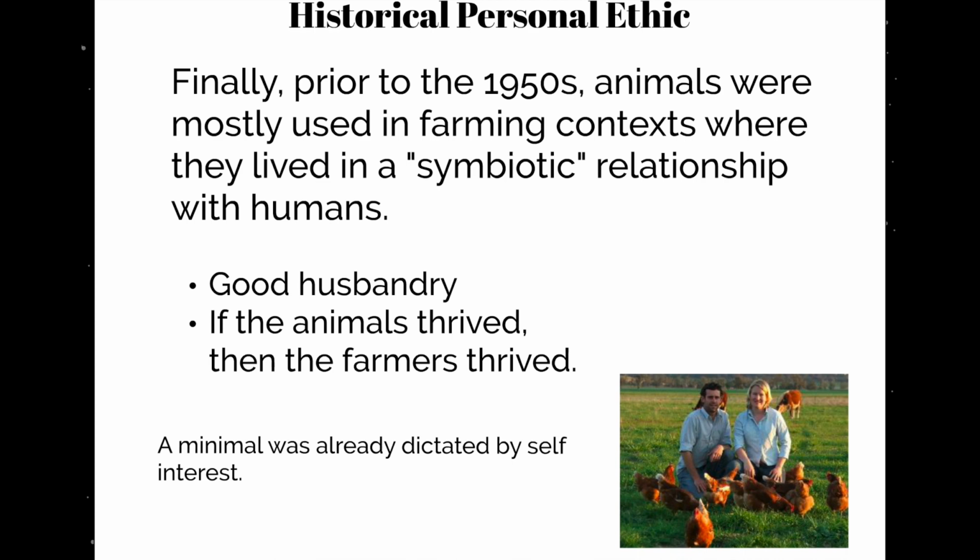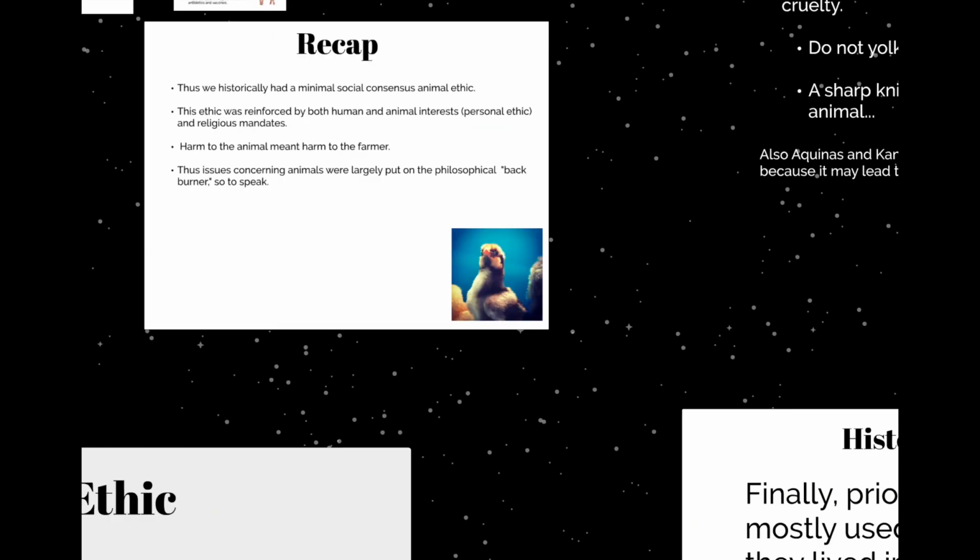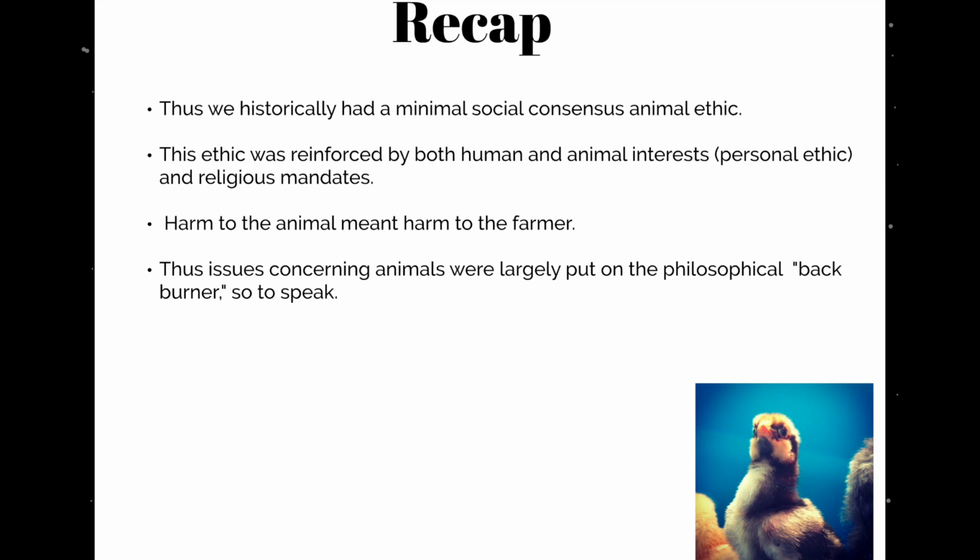And as such, we have both this social consensus ethic concerning limiting cruelty, and we have an individual ethic built on good husbandry. So we had historically had a minimal social consensus ethic and an individual ethic in place.